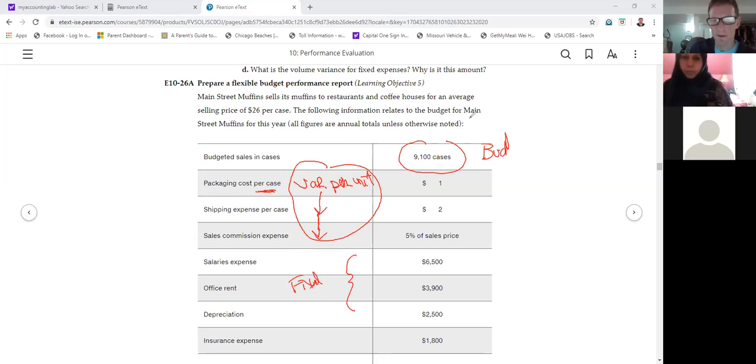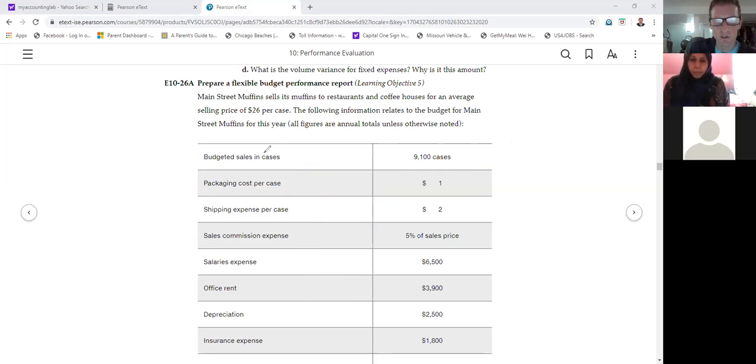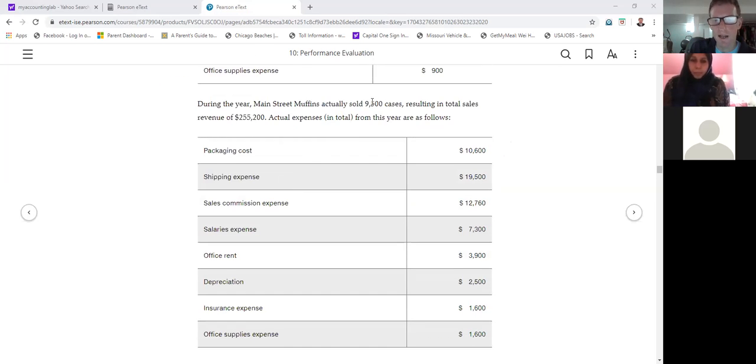But here's where a lot of people mess up. If we had 50 minutes in class and I were to say, let's put this together, here's where people are going to get a little confused, as I told you, they do this a lot. You've got budgeted sales of 9,100 cases, and then you've got actual cases sold of 9,500.